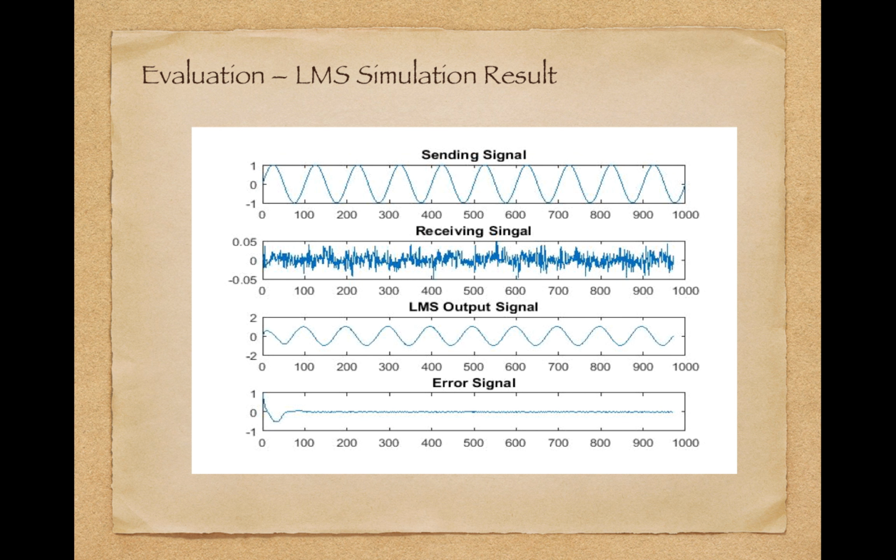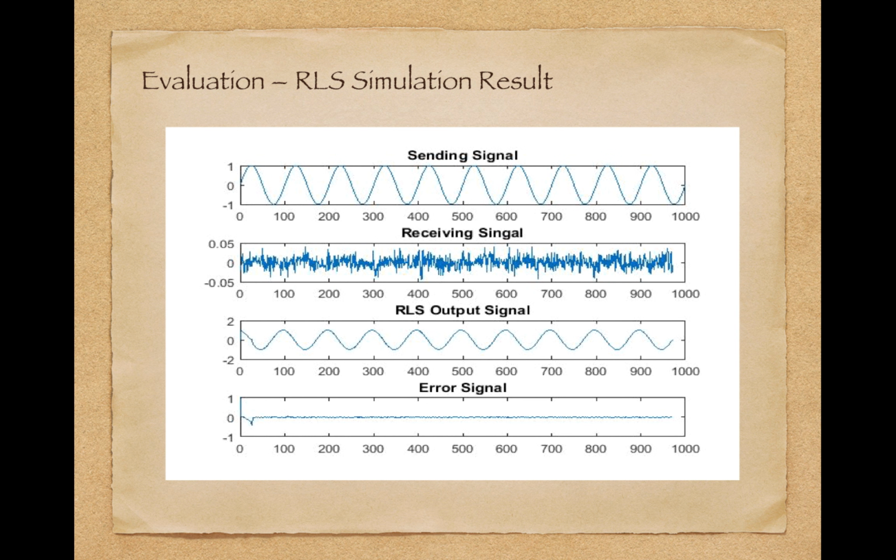After going through the adaptive equalizer, the output signal is recovered very well, and the convergence rate of the error signal is shown in the lowest part of the result.